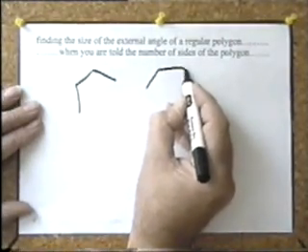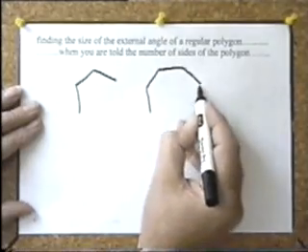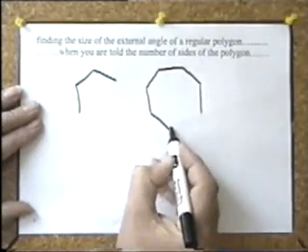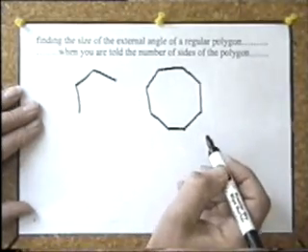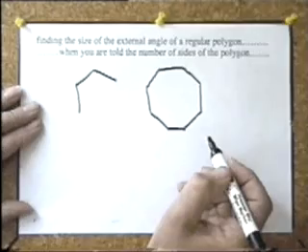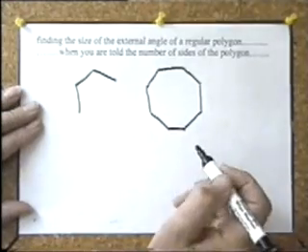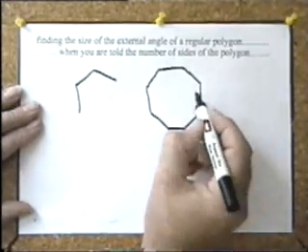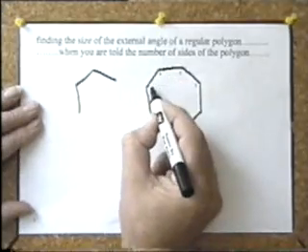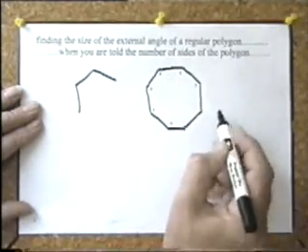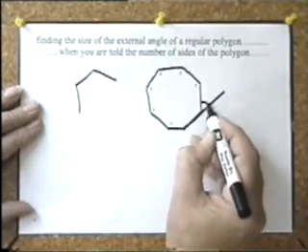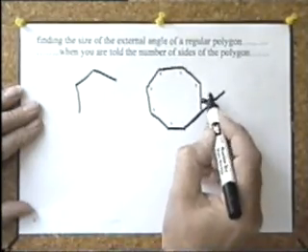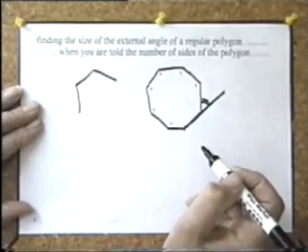Not very well drawn, but if accurately drawn, all the sides would be the same length and all the interior angles would be the same. Now if you pick any side and extend it, then the exterior angle would be the same in every case.